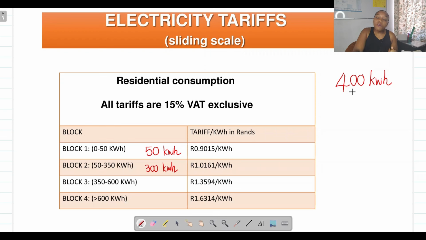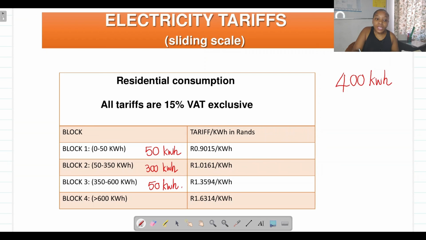But we need 400. So we need to continue, right? In the third step, the maximum amount of electricity is 250, but we do not need that 250. We only need 50 to get us to 400. So it'll just be 50 kilowatt hours in this case.